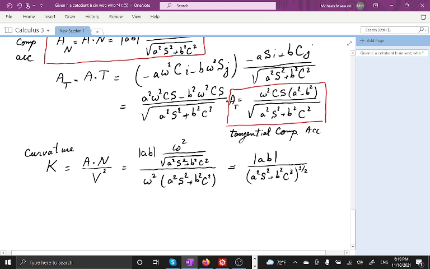So that's the curvature. So if A, B are positive, we can just drop the absolute value. A squared S squared plus B squared C squared to the power of 3/2.